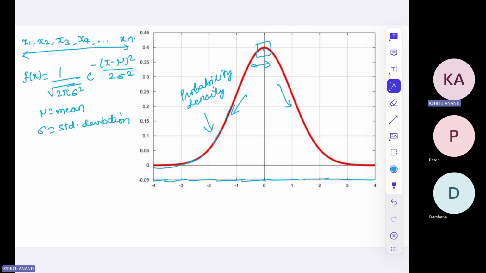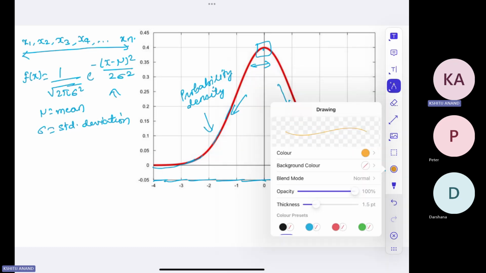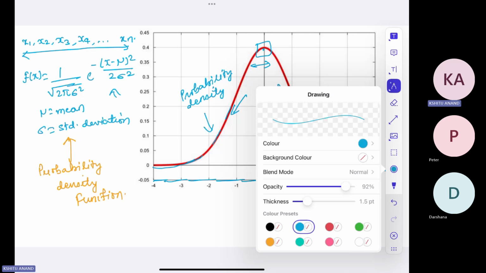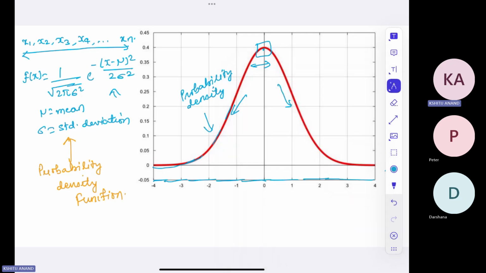So now if you simply put different x in this particular expression, which is the probability density function, right? This particular expression over here is the probability density function. Okay. So this function gives you the probability density for any given x.